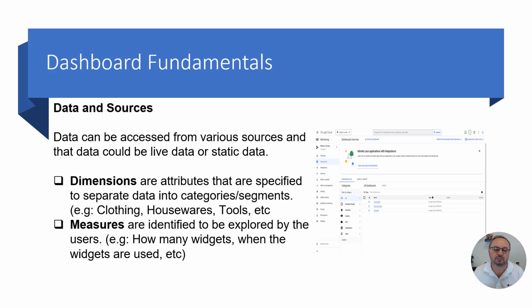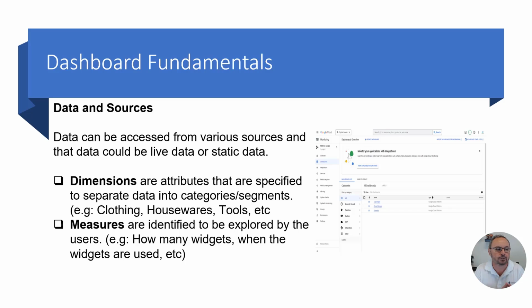Now, measures are a little different. This is really more of a numerical value in the sense of how many were bought. It doesn't necessarily mean a specific number of items in a lot of cases. For example, we may have 100 orders, but we may have 200 items that were sold.